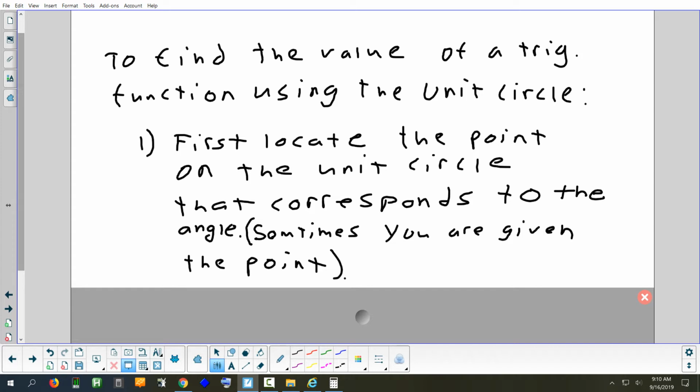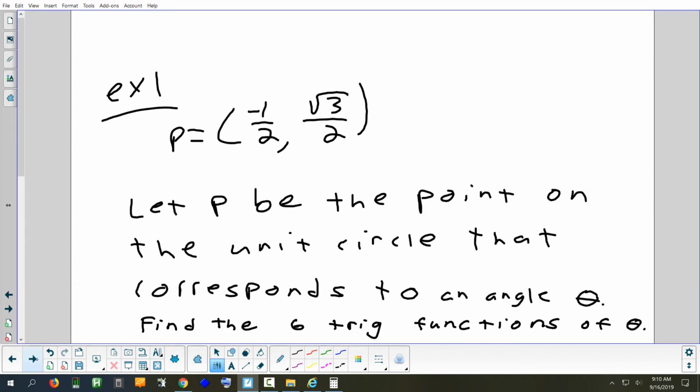All you know is 0, 1, 1, 0, negative 1, 0, 0, negative 1. Those are the only 4 coordinates you have for the 0, the 90, the 180, and the 270. Well, I want you to be able to work with other coordinates. So if it's a coordinate I haven't taught you how to figure out yet, I'll just give it to you. Like this one we're going to do in a few minutes. I'm not going to do it yet. But that's a coordinate. You don't know how to get that one yet. So I'm just going to give it to you.